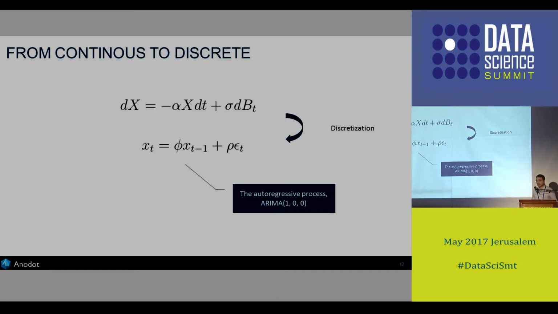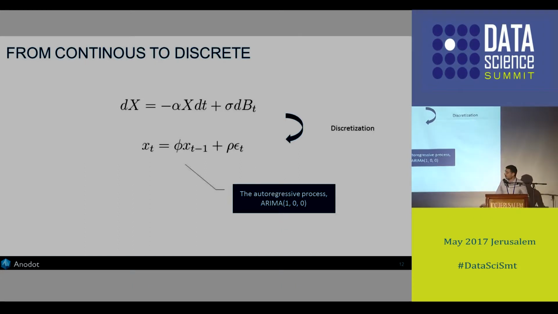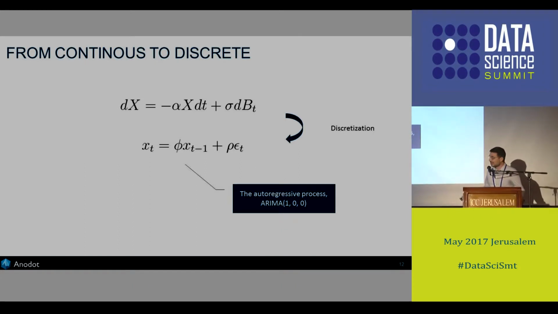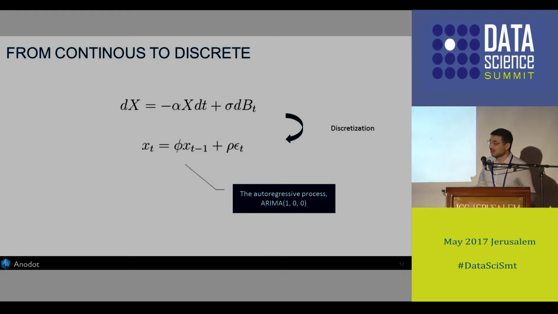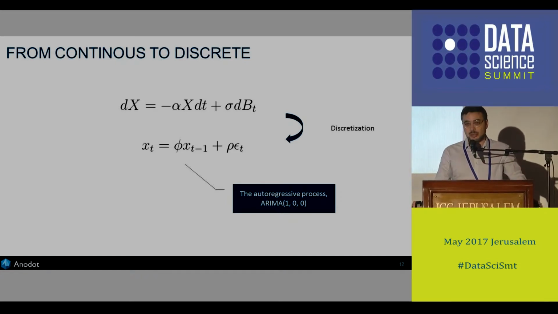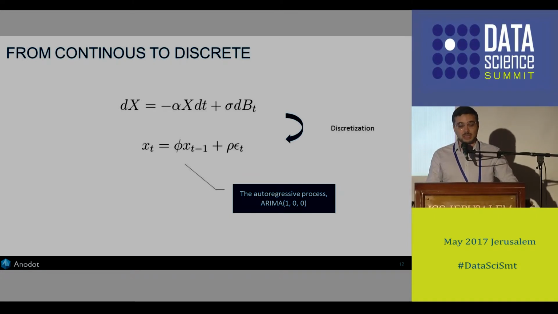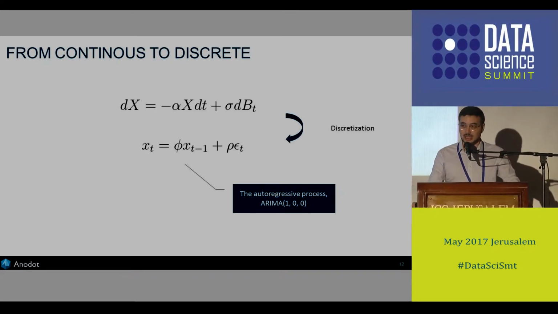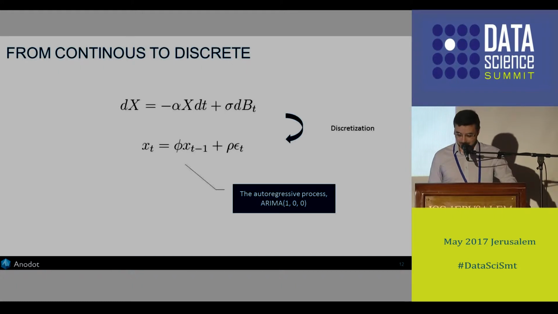And now I can explain why I decided to discuss this model today. If you are a specialist in time series modeling, you recognize the very well-known autoregressive model, which is the simplest model we can start with for time series modeling. Every book on time series modeling discusses it. And here at ANODOT, we work a lot with this model. So this was the opportunity to understand the mechanism of prediction in this model.